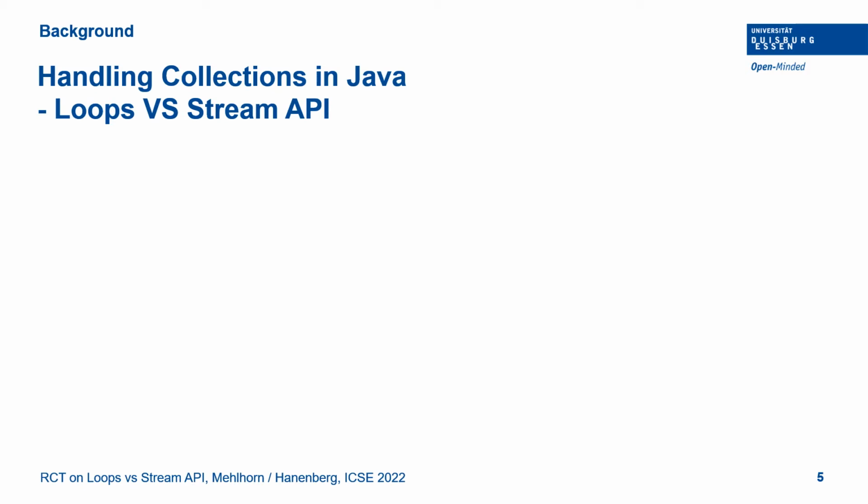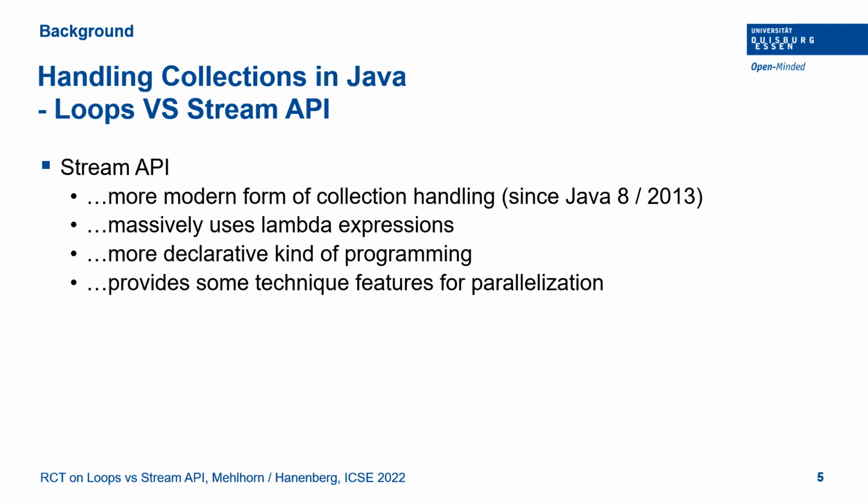So what are the characteristics of the Stream API? The Stream API can be considered as a more modern form of collection handling, which is available since Java 8 or since 2013. The Stream API massively relies on lambda expressions, which can be considered as a more declarative kind of programming.